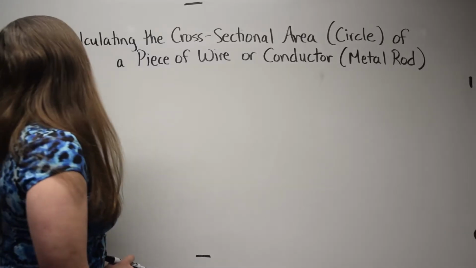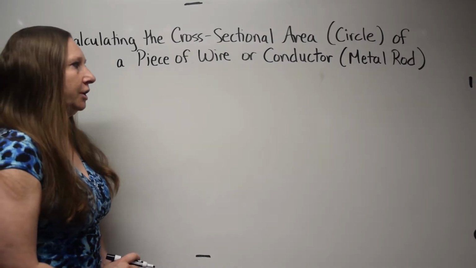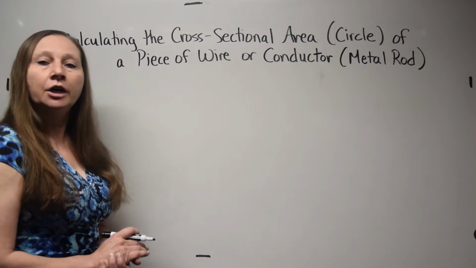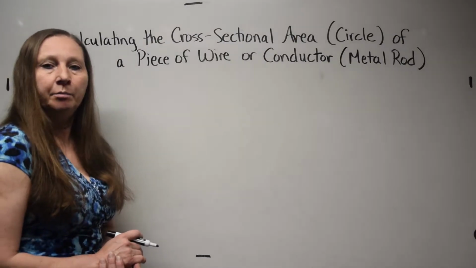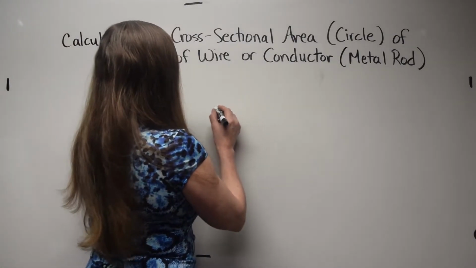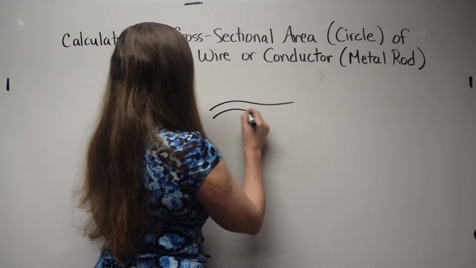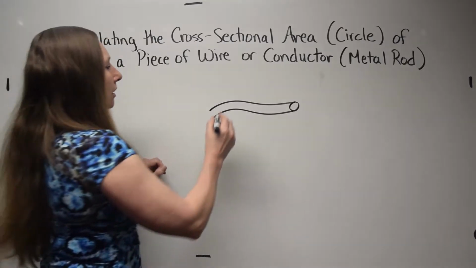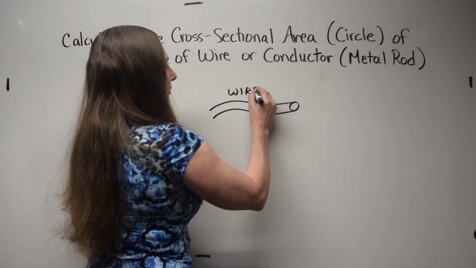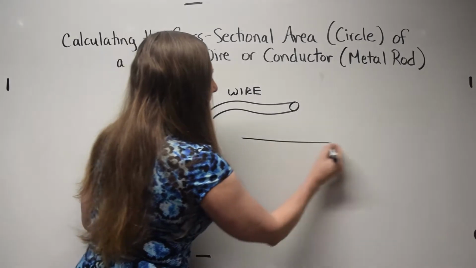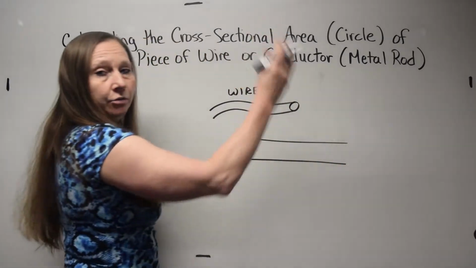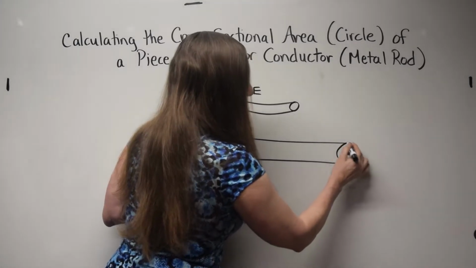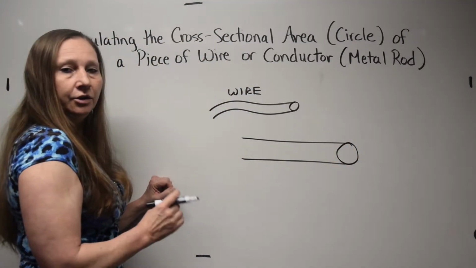Just a quick word about how to calculate the cross-sectional area, that would be a circle, of a piece of wire or a conductor, which would probably be a metal rod. If you have a piece of wire and you cut the end off, the end is going to look like a little circle. If you have a metal rod and you cut it, which would be a lot more difficult, you're going to see a little circle on the end just the same.